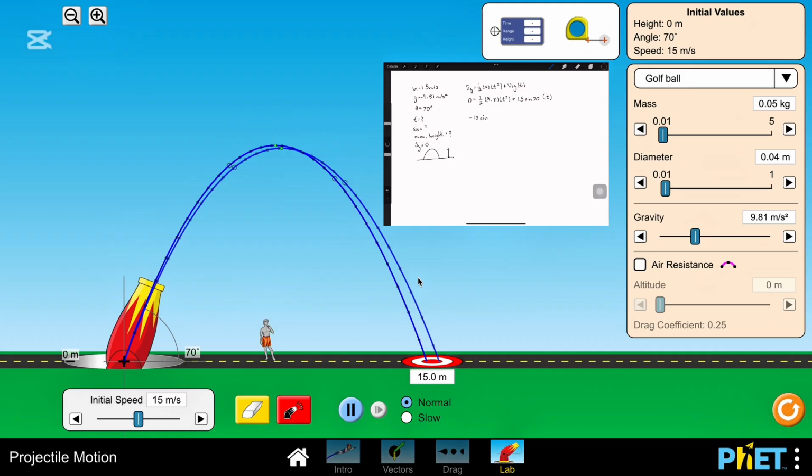15 sine of 70 times t equals 1 over 2 times minus 9.81 times t squared. Okay, so we have to move the t's to just one side together.